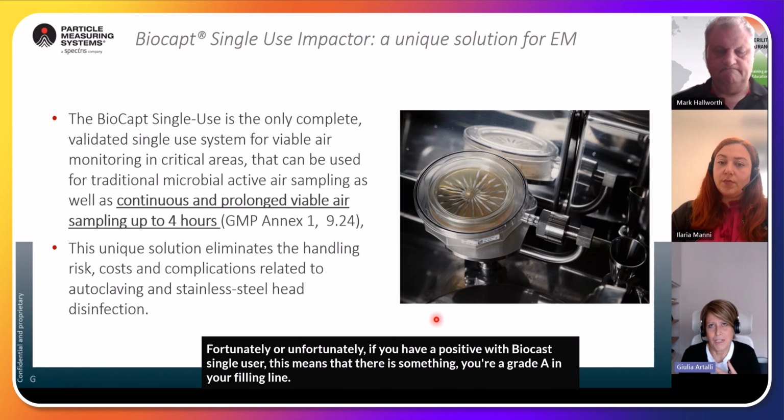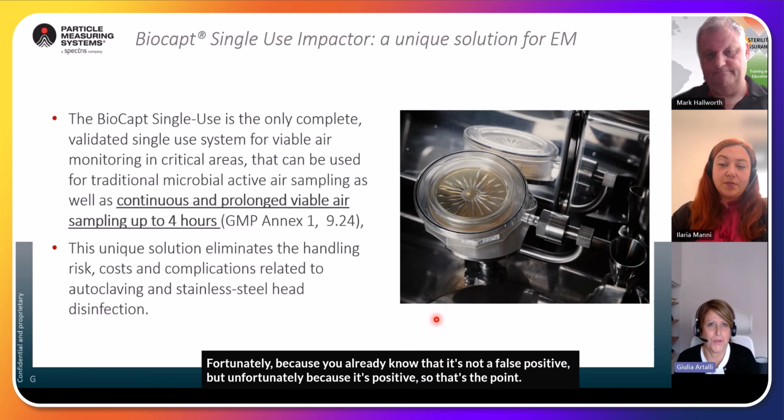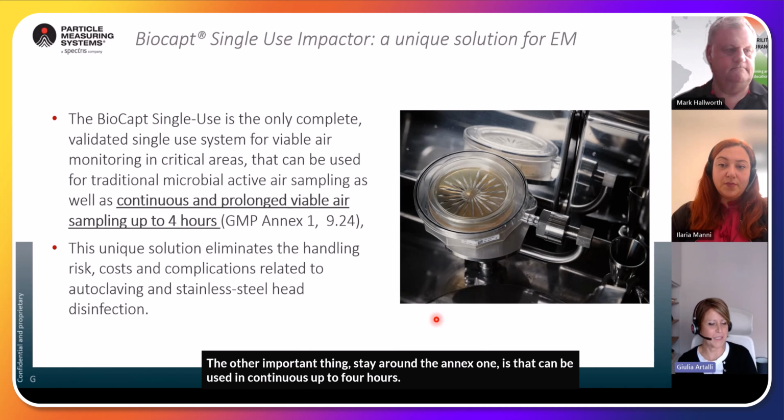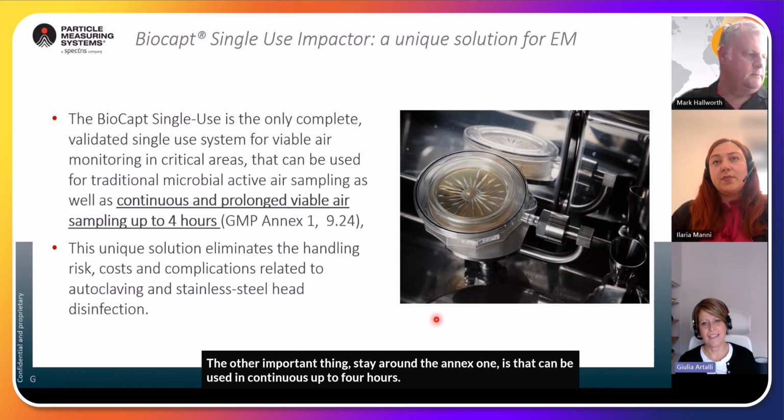So we don't have a false positive. Fortunately or unfortunately, if you have a positive with BioCapt single use, this means that there is something in your grade A in your filling line. Fortunately, because you already know that it is not a false positive, but unfortunately because it's positive. The other important thing around Annex 1 is that it can be used in continuous up to 4 hours.